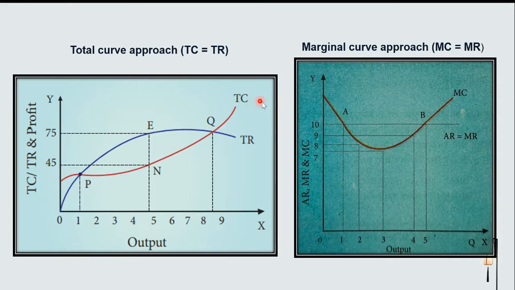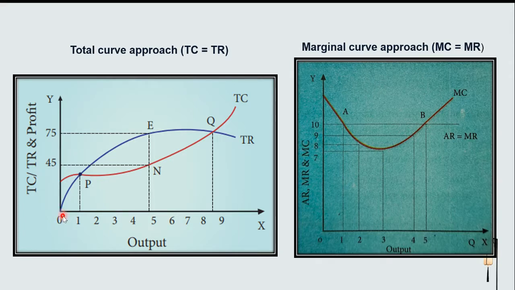Total fixed cost occurs even when output is 0. So when you add TC is equal to TFC plus TVC, it starts from a point on the y-axis. That's why the red curve starts on the y-axis, whereas total revenue starts from the origin.